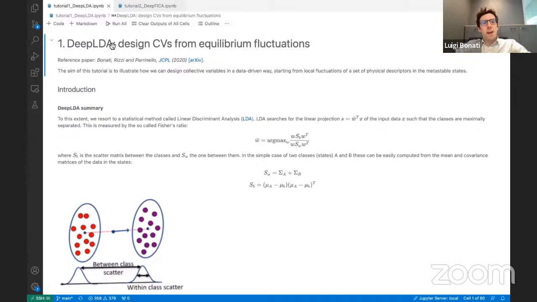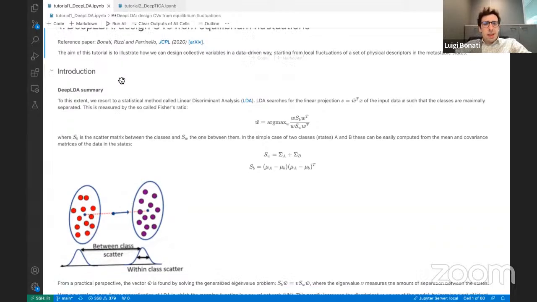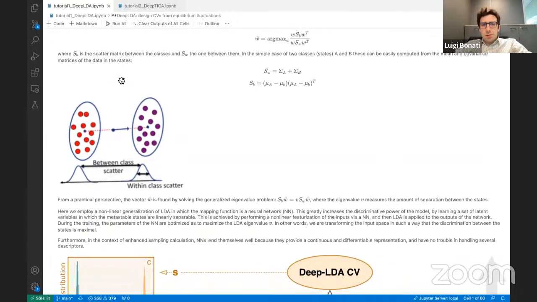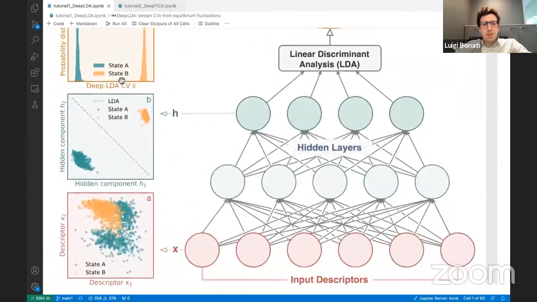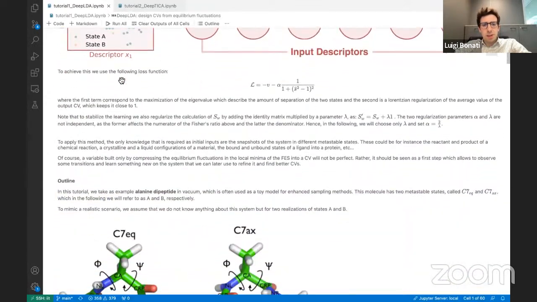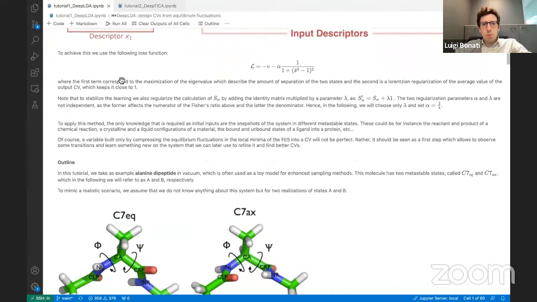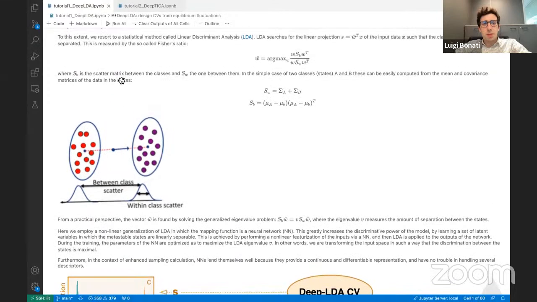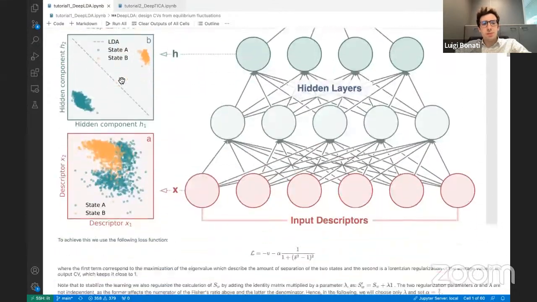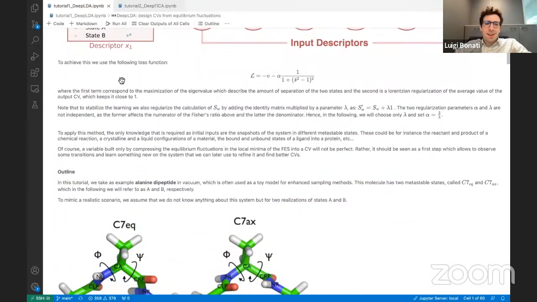So the first exercise was about how to find collective variables from equilibrium fluctuations, using this DeepLDA method to extract CVs. So here was the summary. The workflow is composed of 3 steps.